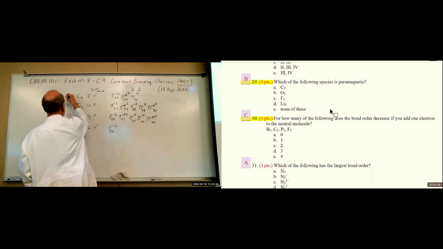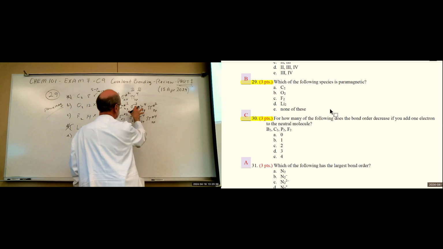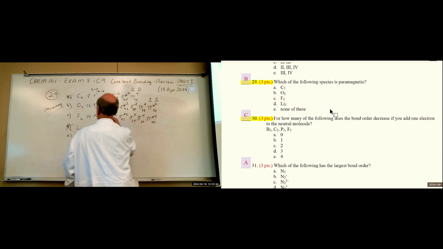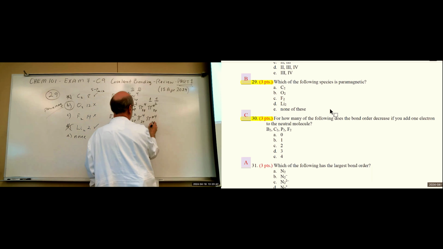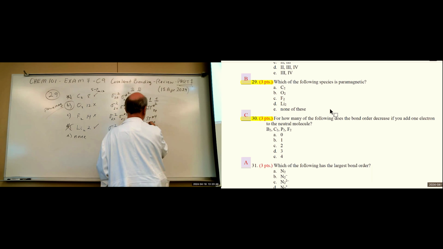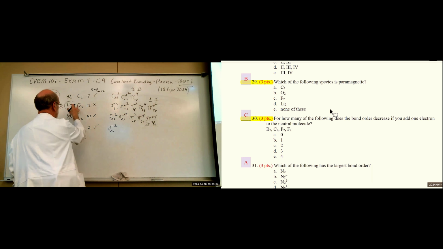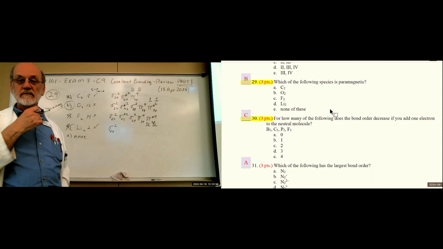So it's not this one. And it's not this one. How about these two? 4, we have here, here, like that, like that. Oh, that's a good candidate. That's paramagnetic. How about this one? Oh, we got 2 orbitals here and it's full. So it won't be that. So O2 is the only paramagnetic in that group.